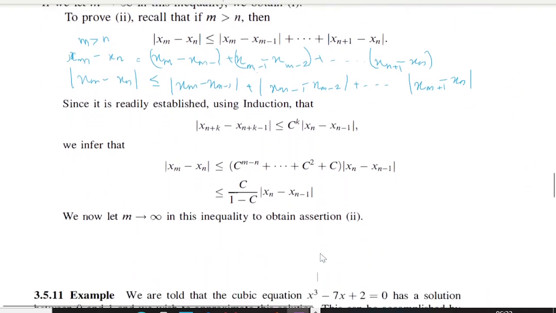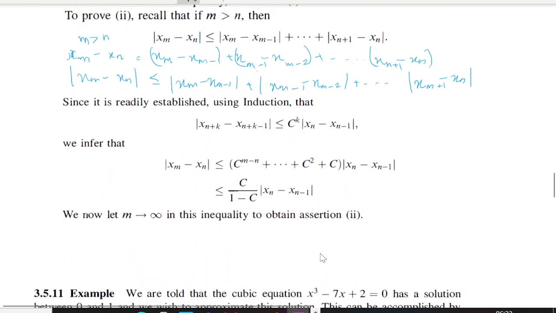Yeah, this one. Now we will get this equal to x_{n+k}. So |x_{n+k} − x_{n+k−1}| is less than or equal to c^k |x_n − x_{n−1}|.